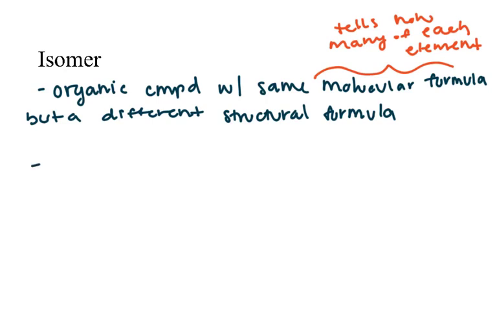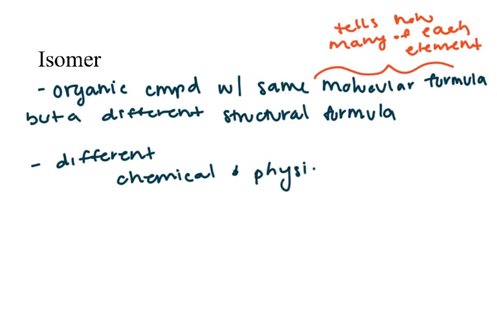These isomers will have different chemical and physical properties. Okay, so that's what an isomer is: the same molecular formula, but a different structural formula, and they have different chemical and physical properties.